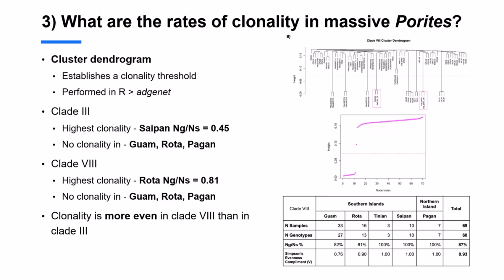And coincidentally, no clonality was observed on the same islands as clade 3, that being Guam, Rota, and Pagan. Additionally, clonality is more evenly spread in clade 8 than in clade 3. Clade 8's clonality is defined by single pairs of samples that are clonal, as opposed to clade 3, which has a lot of clusters in terms of its clones.